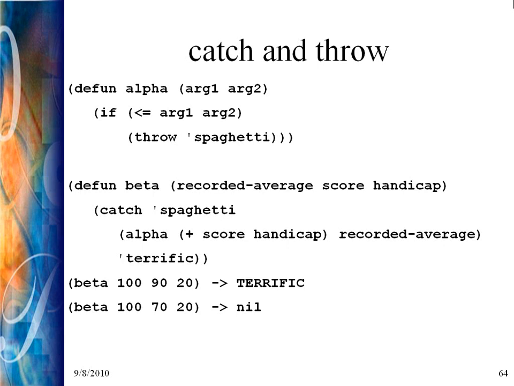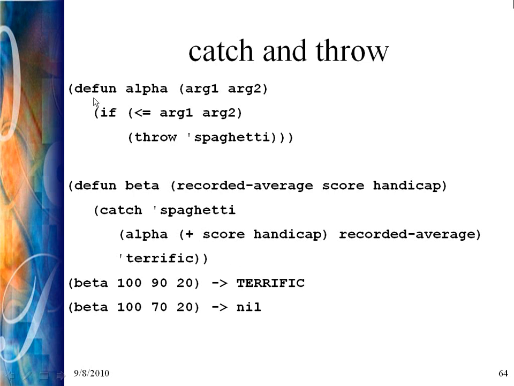Now, catch and throw, this is a little complicated, a little hard to figure out. A catch simply sets up a tag somewhere, and when you throw to that tag, it will jump there and continue the evaluation of this code.